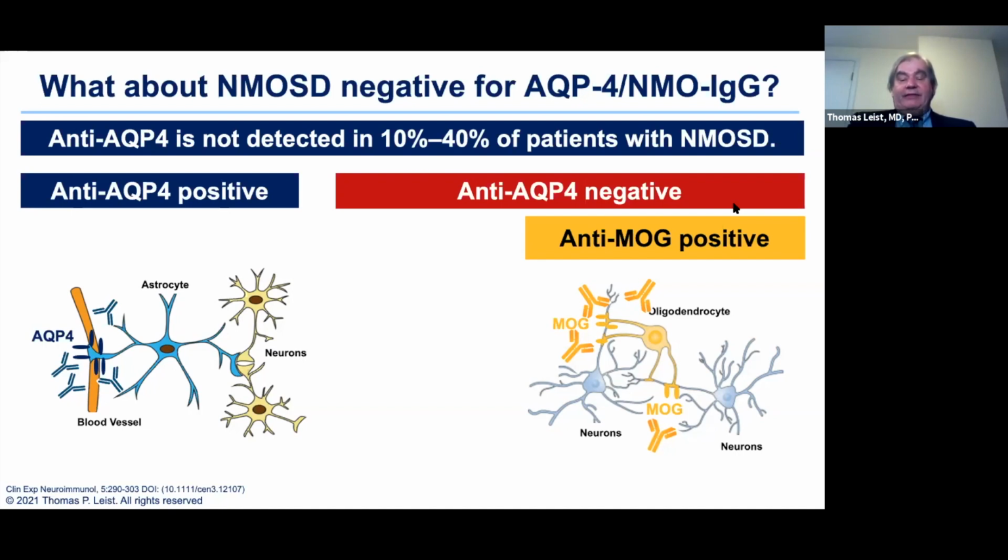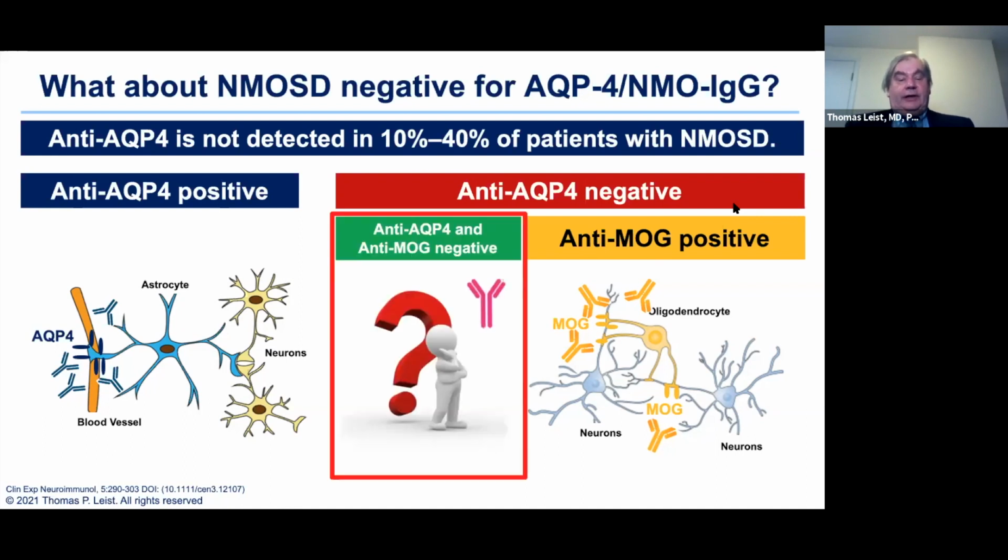And this is the anti-MOG antibody disease that is contained herein. And in the middle is the group of people that are undecided. They have neither anti-aquaporin 4 nor anti-MOG antibodies, and we don't yet know exactly whether there are other antibodies.